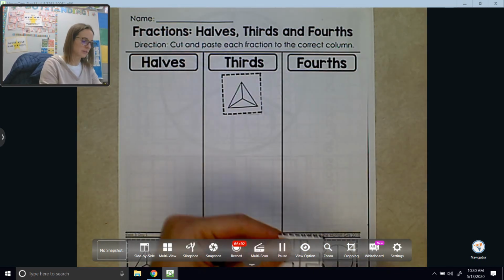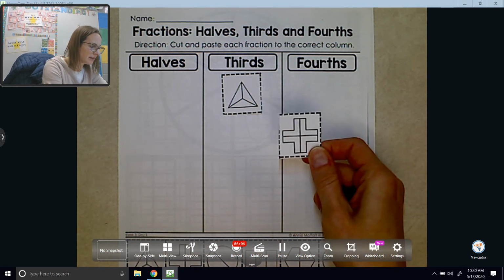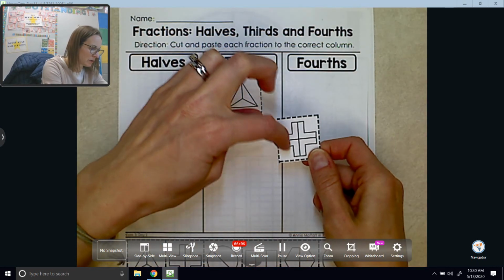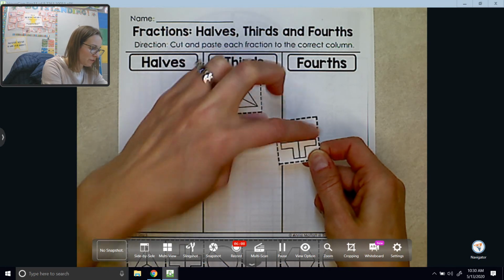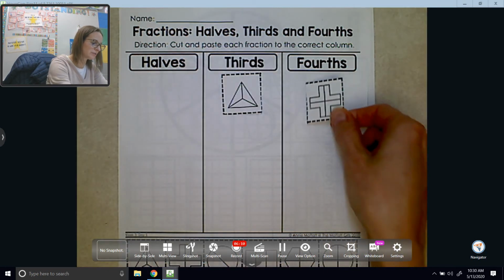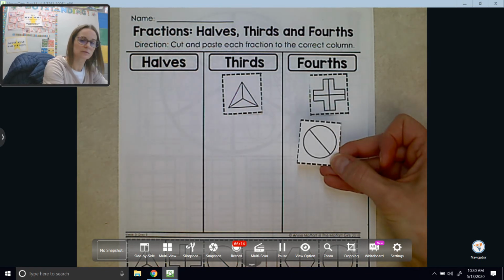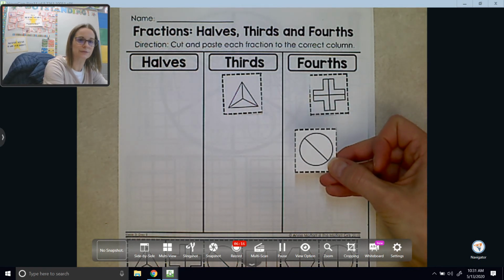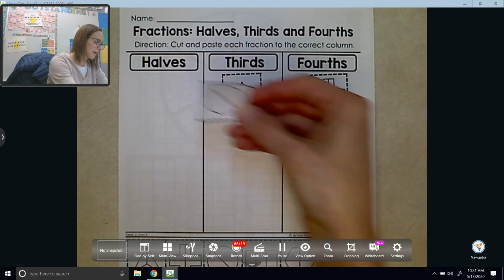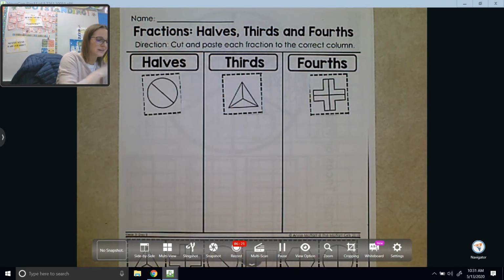This next one has been divided into 1, 2, 3, 4 parts. 4 parts is fourths. The next one has just been sliced right in half. 2 parts. That's all I have for you this week.